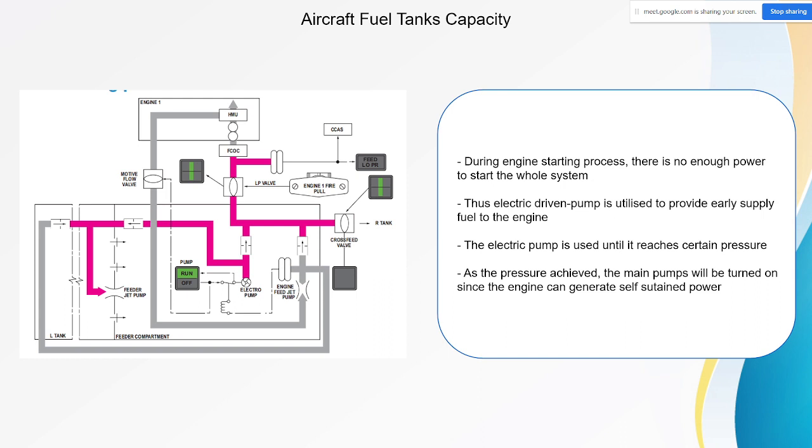It means the bowser guy must know what to wear, and what they are supposed to do before they start connecting the hose. They are supposed to ground the bowser to the ground, the aircraft to the ground, all these things. That is a very good safety warning.